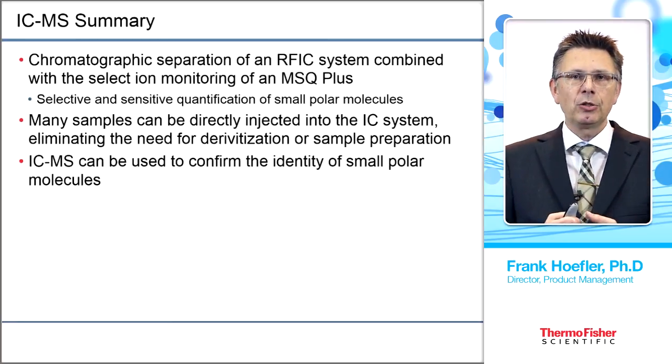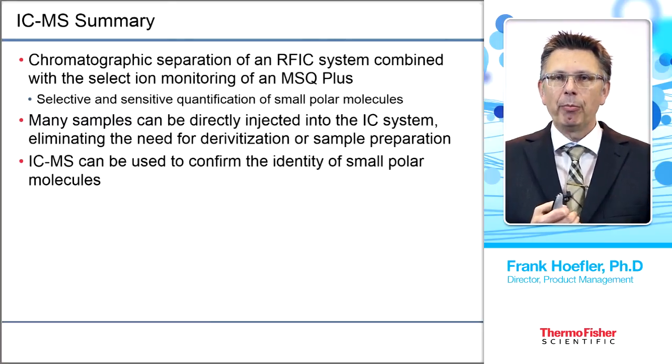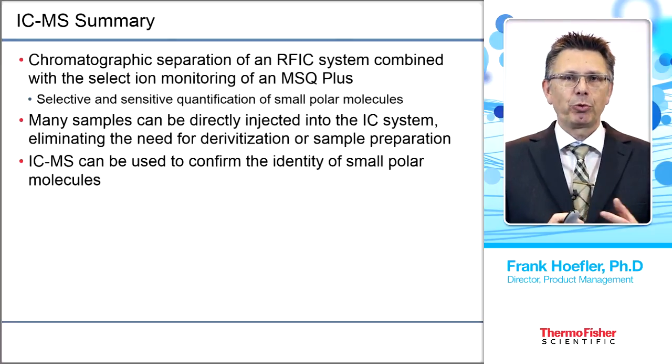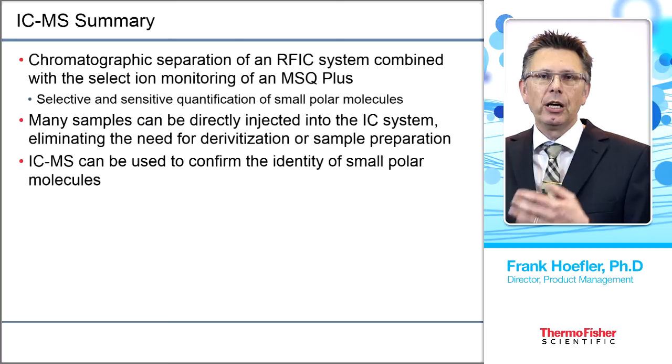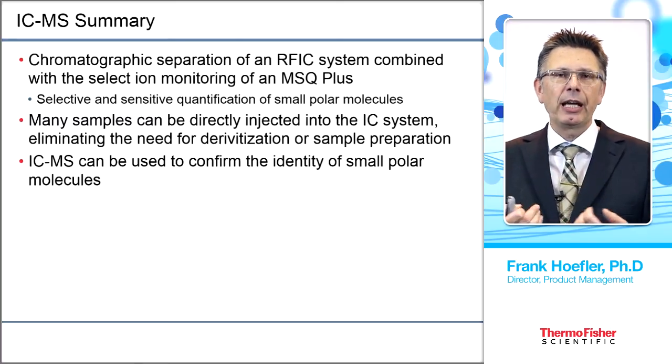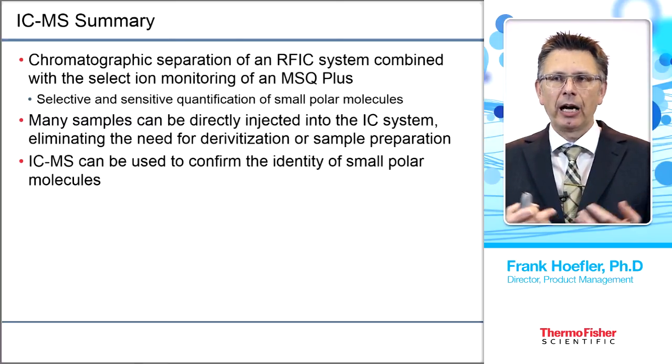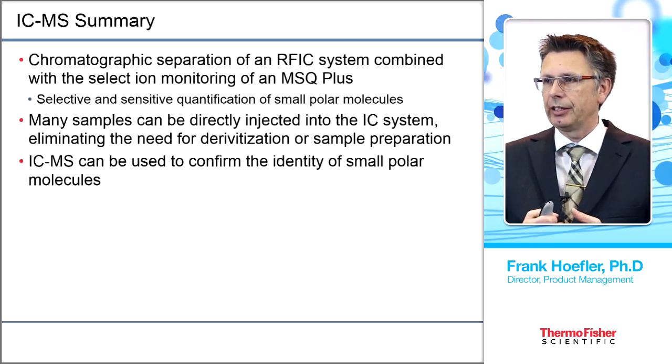It is easy to do gradient separations on the mouse click. The pumping system of the IC is only using water, and the suppressor converts all the eluent ions into pure water, so we are eliminating any ion suppression effects on the MS side.